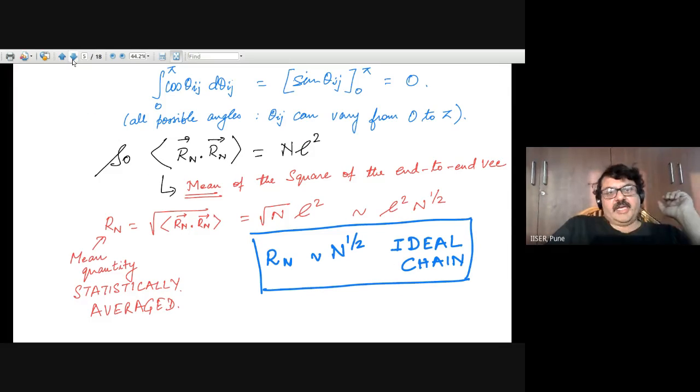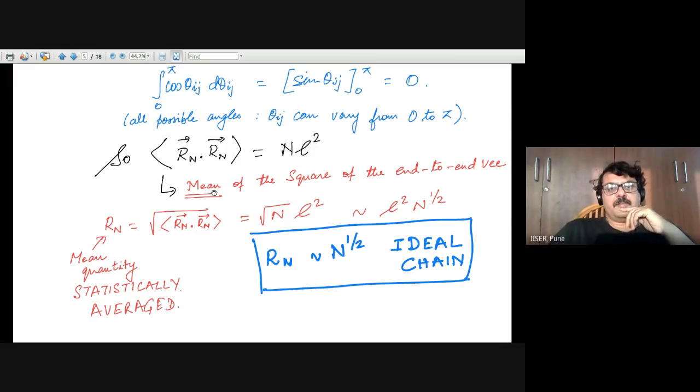Okay, so you basically get a statistical mean of the square of the end-to-end vector, right? And call that Rn. So Rn is equal to the square root of this mean of the square of the end-to-end vector.